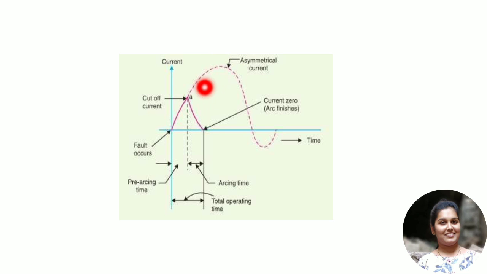Though we see here the maximum value of the faulty current, the fuse does not wait until that maximum value is observed. It just sees some value of cutoff current. So when it identifies that an error has occurred, it directly disconnects the load from the main supply.